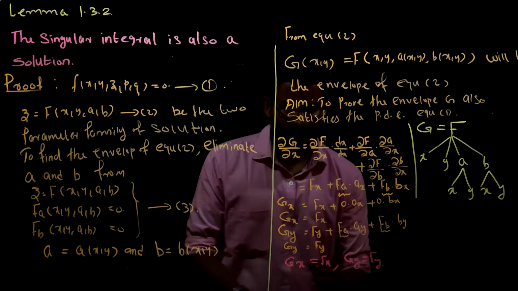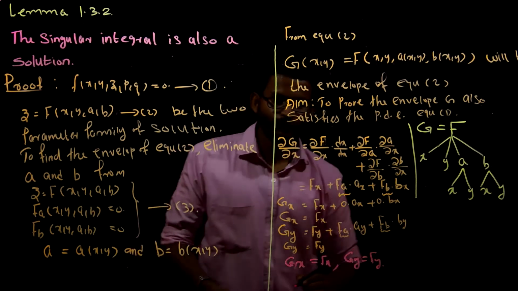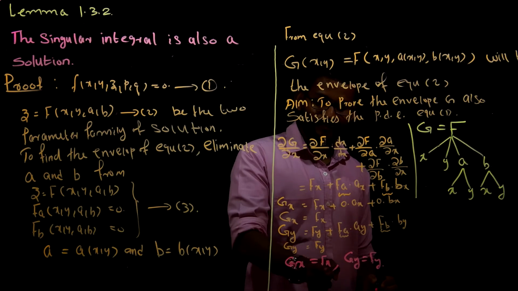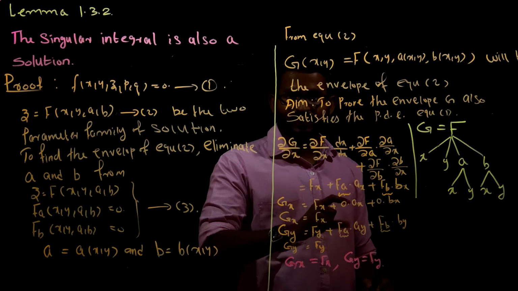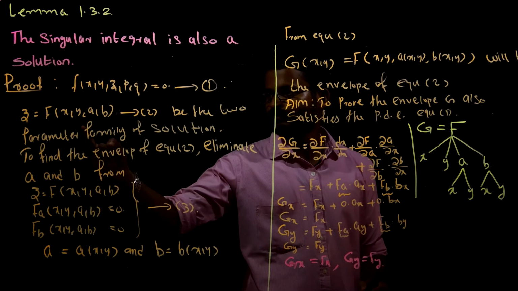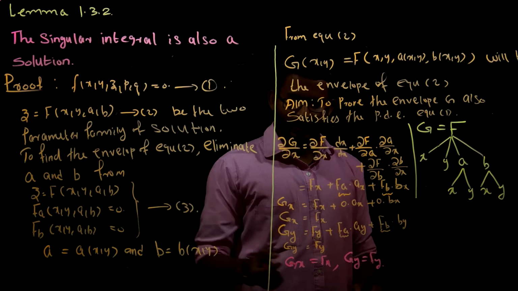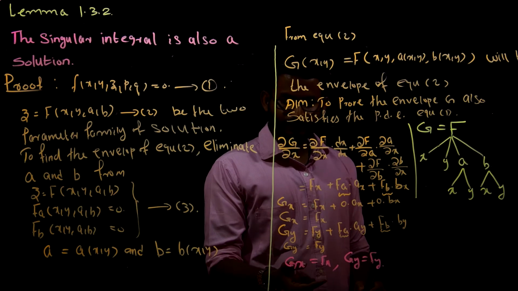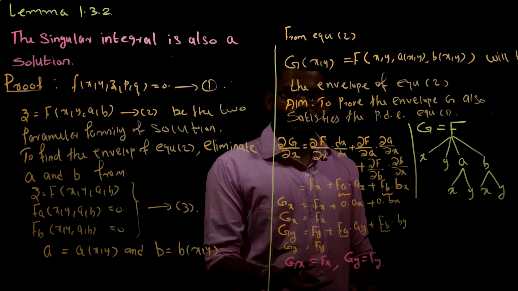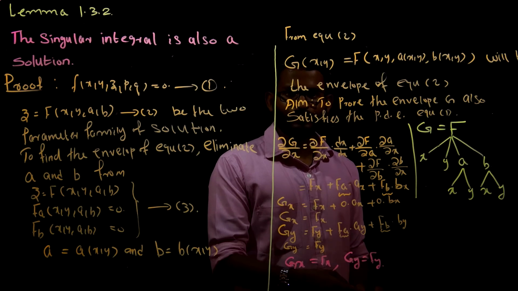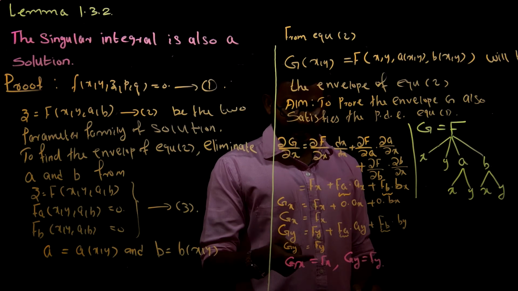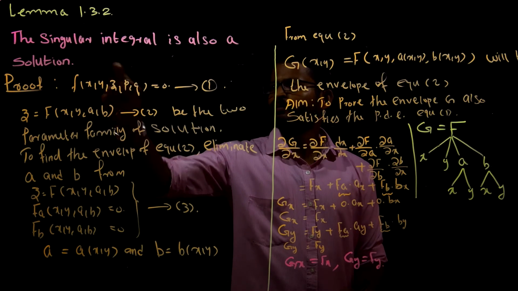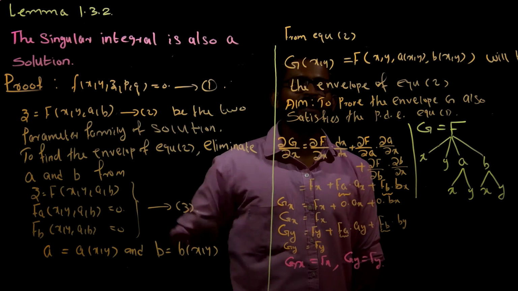Gx and Gy are the partial derivatives of the envelope. And Fx and Fy are the partial derivatives of the solution. That is, the partial derivatives of the envelope and the partial derivatives of the solution are the same, which means the envelope also satisfies the given PDE, and which is the lemma.